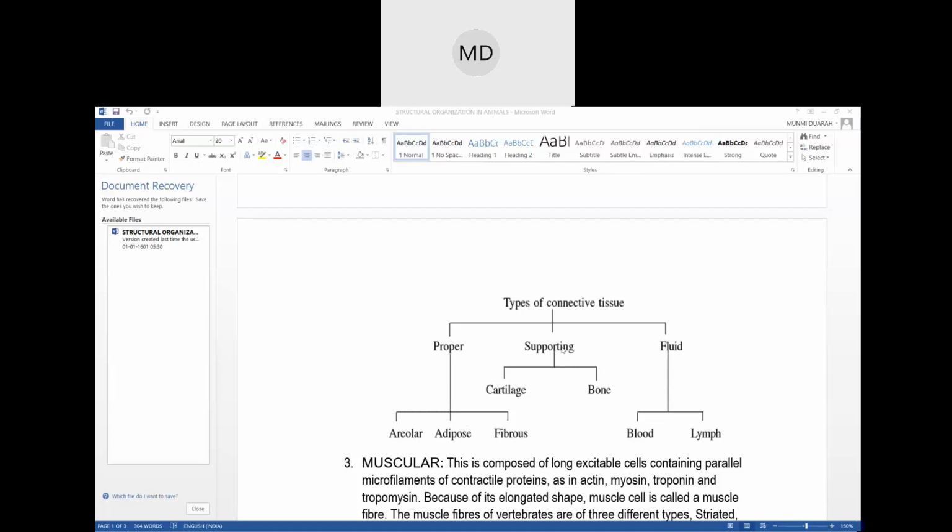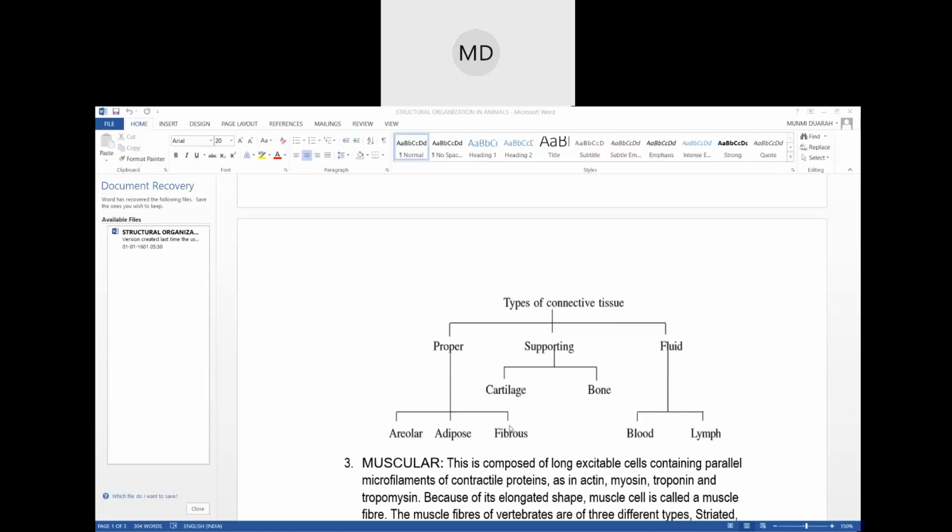Then supporting is of two types, that is cartilage and bone, because these are hard, and fluid because blood and lymph are fluid. That is why blood is sometimes known as liquid connective tissue, because blood is liquid. Fluid means liquid. So connective tissue is of three types: proper, supporting, and fluid.